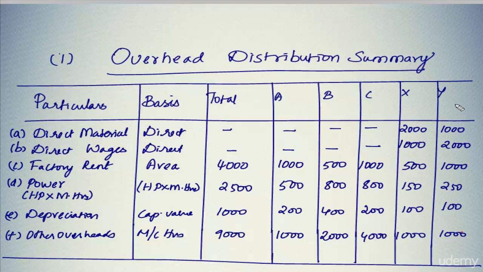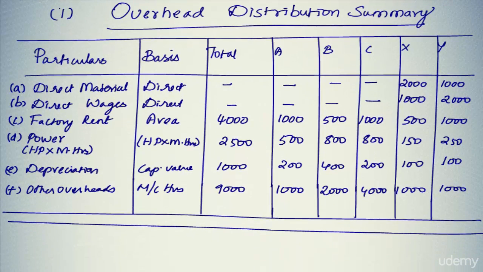Now what we have to do is total this, because these are the overheads which have to be apportioned. Especially, we have to find the total overheads of department X and Y, because those have to be reapportioned. So we'll total them.